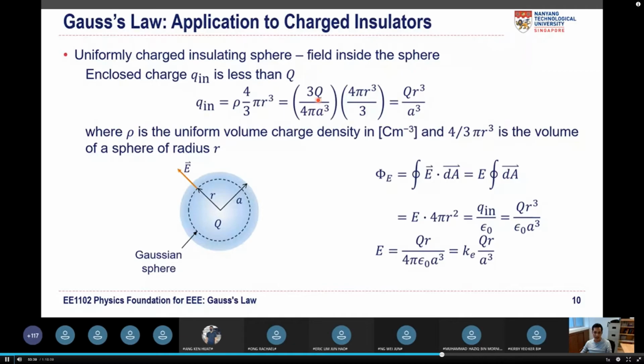And what is this part? This part is the rho, because we know Q is the total charge within this spherical ball, the charged ball.